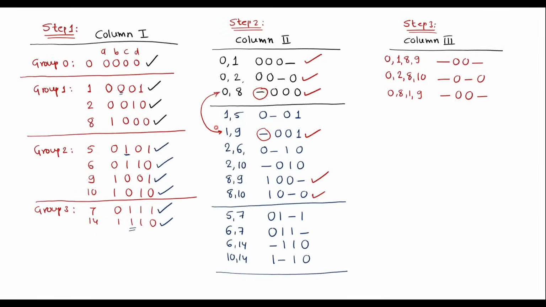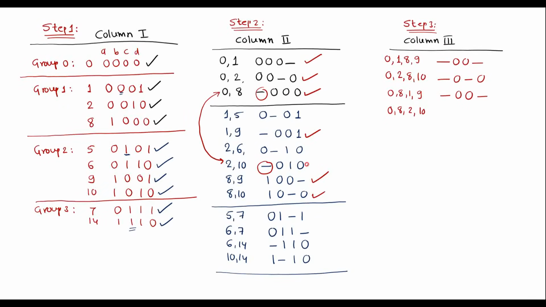So now I will compare. Here we have a dash, and again one more dash here. I will try to compare 0, 8 with 2, 10. Here the first bit is dash, the second bit is 0, it is the same. The third bit differs by 1 bit. So I will consider 0, 8, 2, 10. There is a check mark for 0, 8.